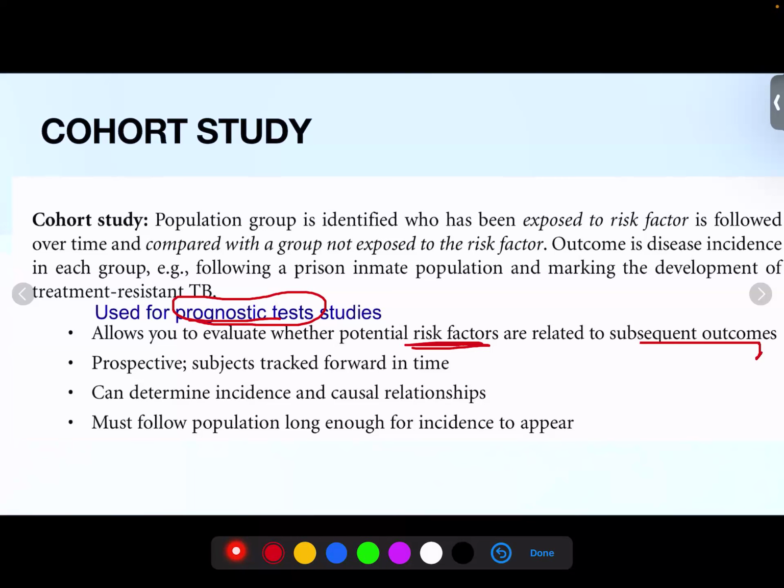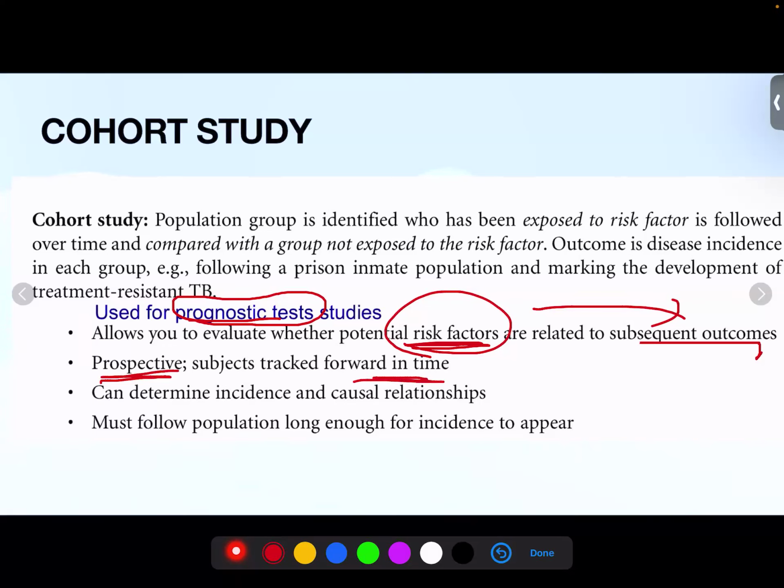It means smoking is not causing anything, because both the smokers and non-smokers have a similar outcome. So you can evaluate the risk factors against the subsequent outcomes, and it's usually a prospective study.